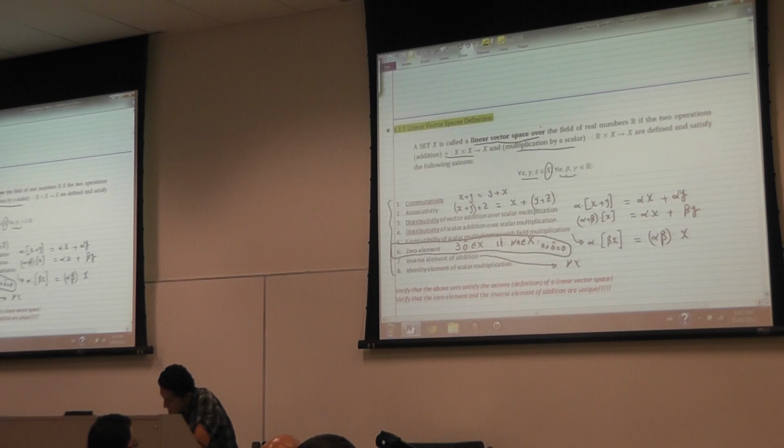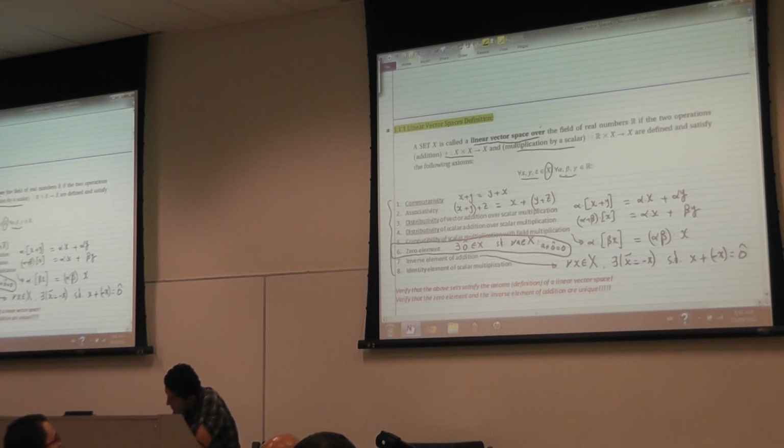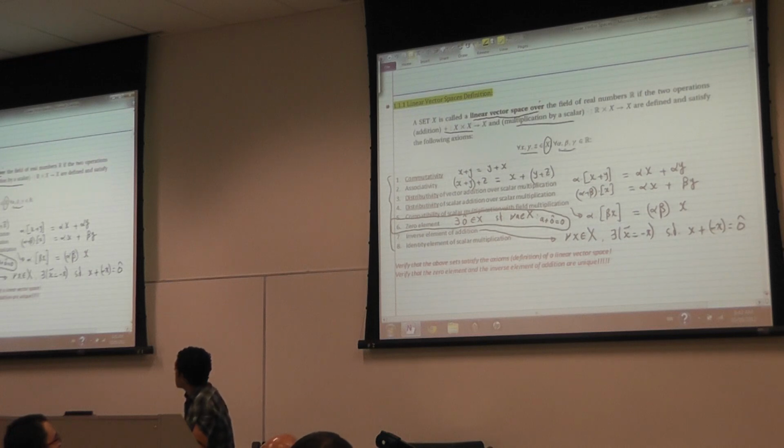For every x in the vector space, there exists x bar, which we call negative x, such that x plus this negative x is equal to the zero vector. The last property: if I take x and multiply it by 1, I get x.